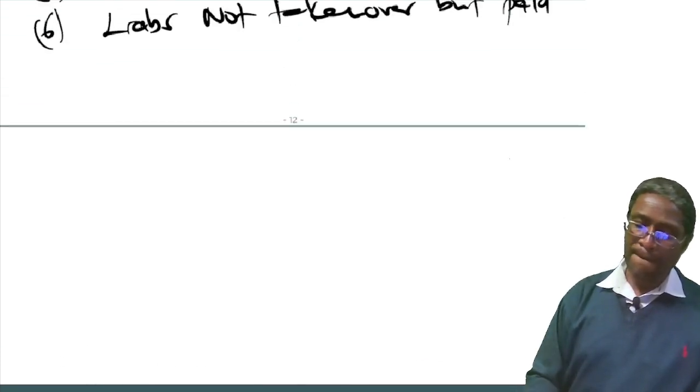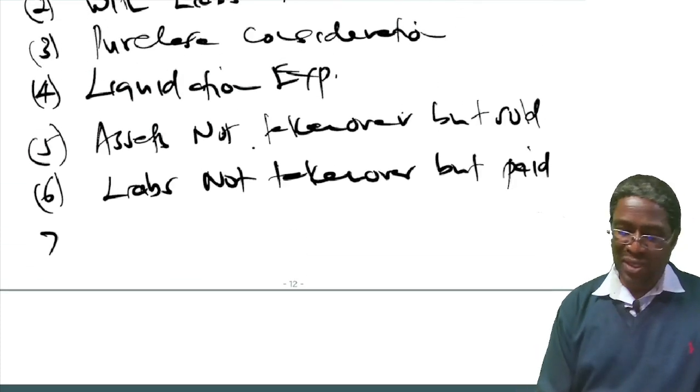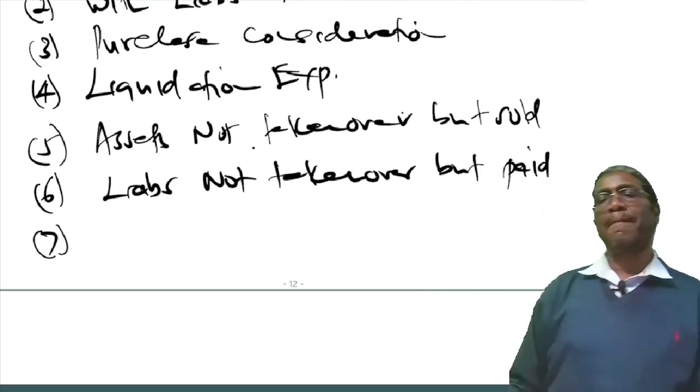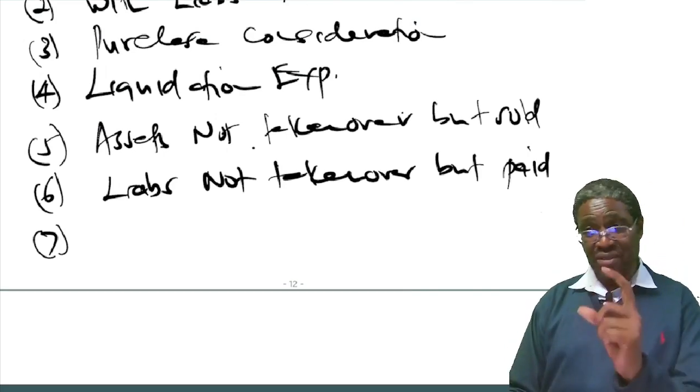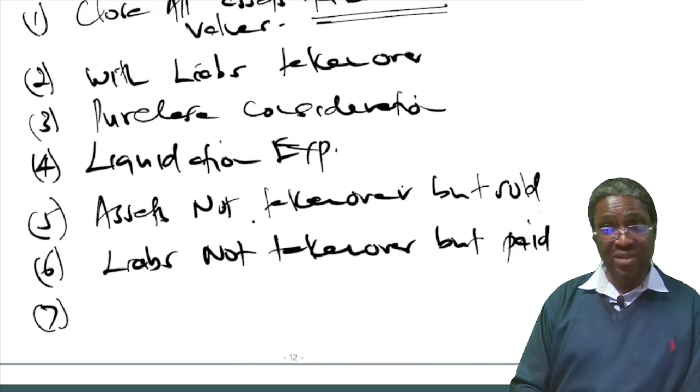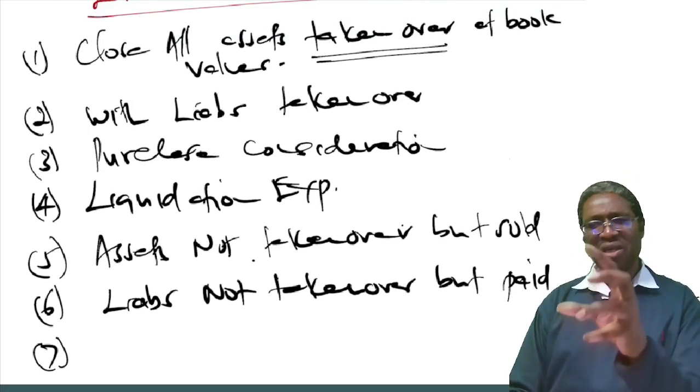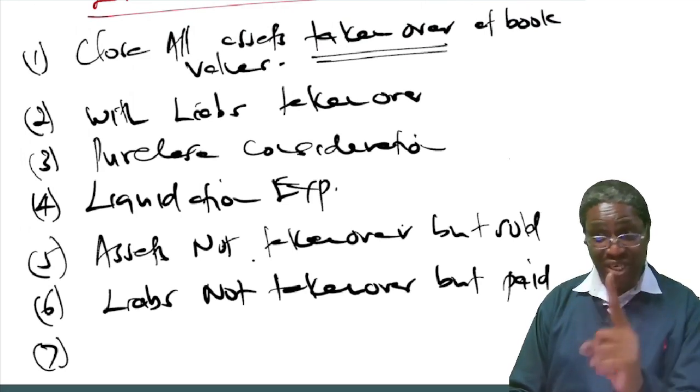Let me go to number 7. Now listen carefully. Before I go to number 7, I told you that company A is being liquidated.